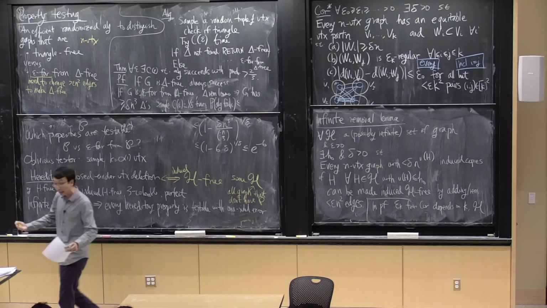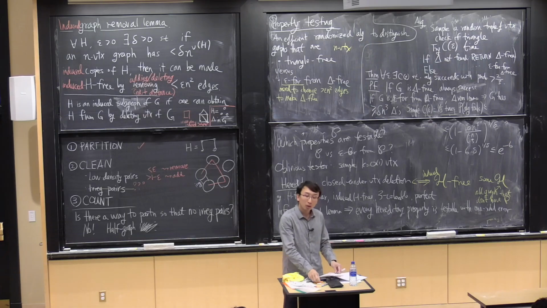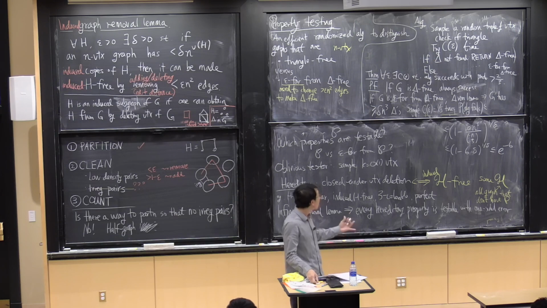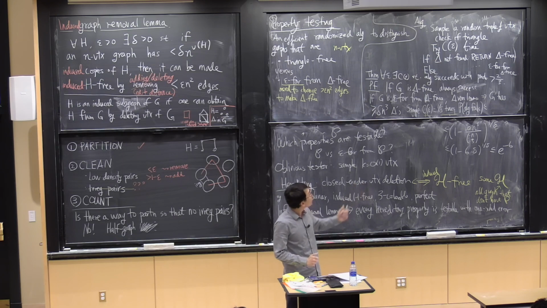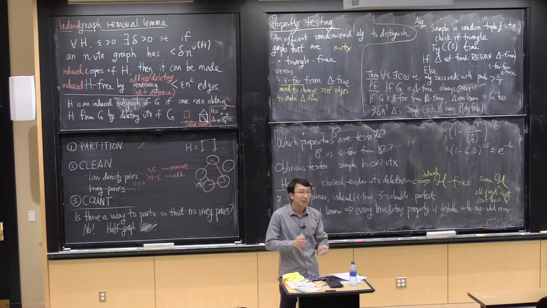This is a possibly infinite set of graphs, and that completely characterizes this hereditary property. And if you read out the infinite removal lemma, it says precisely, using this interpretation, that you have a property testing algorithm.